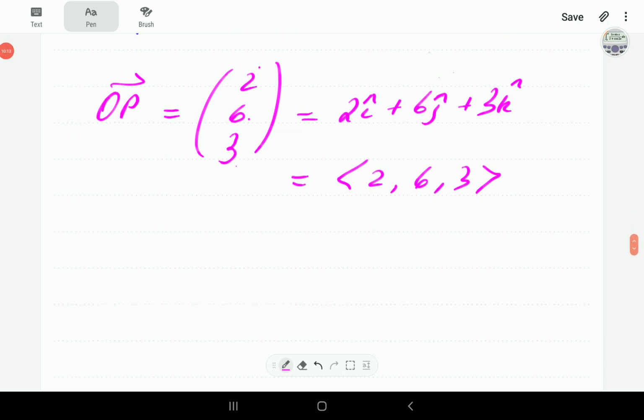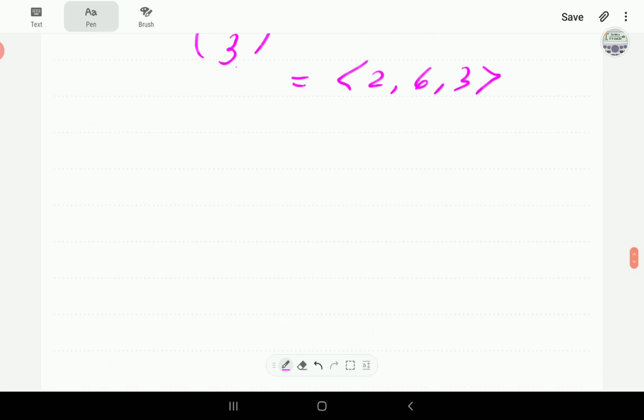Now, there's something called the magnitude of a vector. As we said, a vector has got magnitude. So that is the length of the vector.